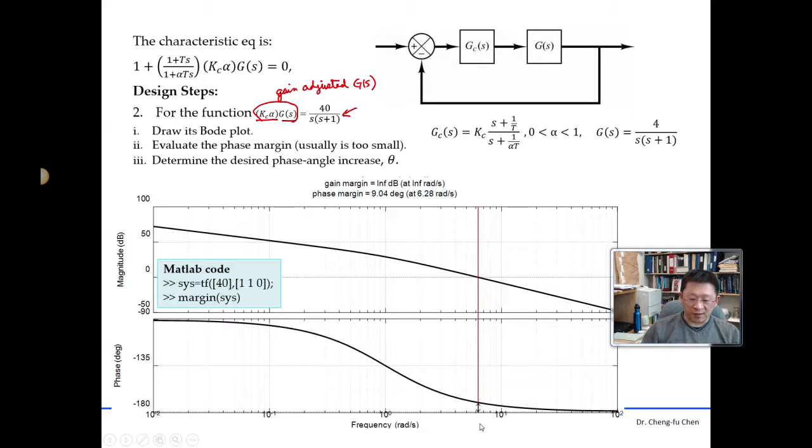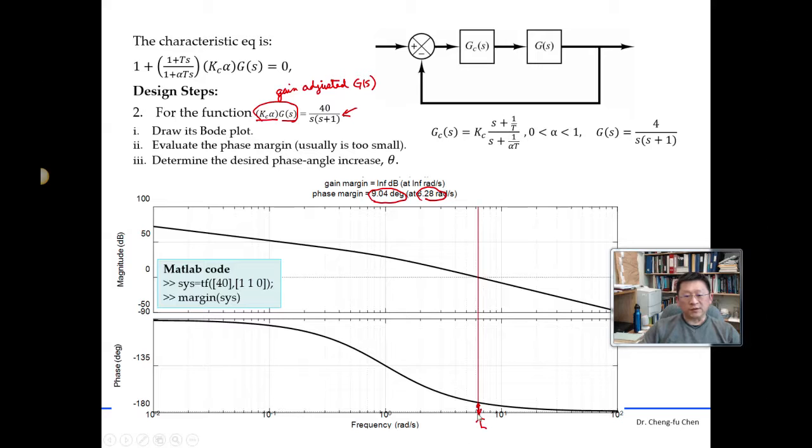You can see this is our phase margin, the magnitude I highlight here, and it is about 9 degrees. It happens at omega equal to about 63 radians per second. You can produce this plot in MATLAB with this command here.